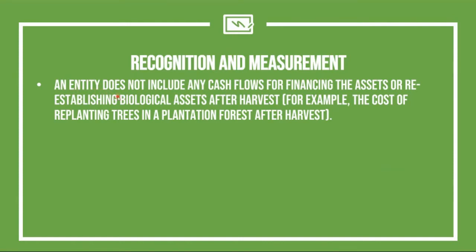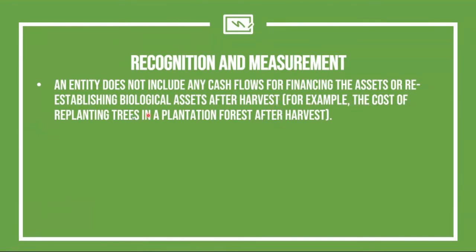An entity who will incur any financing, cost of financing or income tax items resulting from the eventual cash flow, should not include that in establishing the biological asset after harvest. It says here, an entity does not include any cash flows for financing the assets or re-establishing biological assets after harvest.